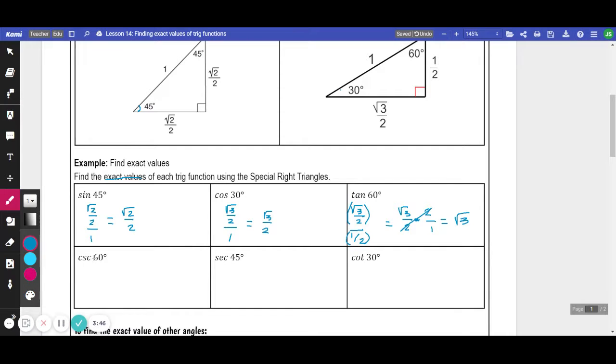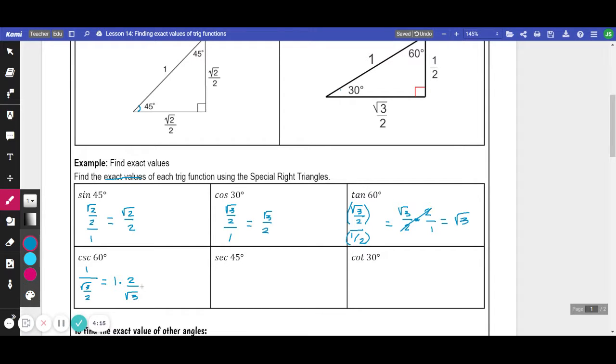A couple more. Cosecant of 60. So again, we're at 60 up here. Cosecant is the hypotenuse, which is 1, divided by opposite, which is root 3 over 2. So we're dividing fractions again. Keep the numerator, multiply by the reciprocal of the denominator. So flip the bottom. This one has an extra step because we can't leave a square root in the denominator.